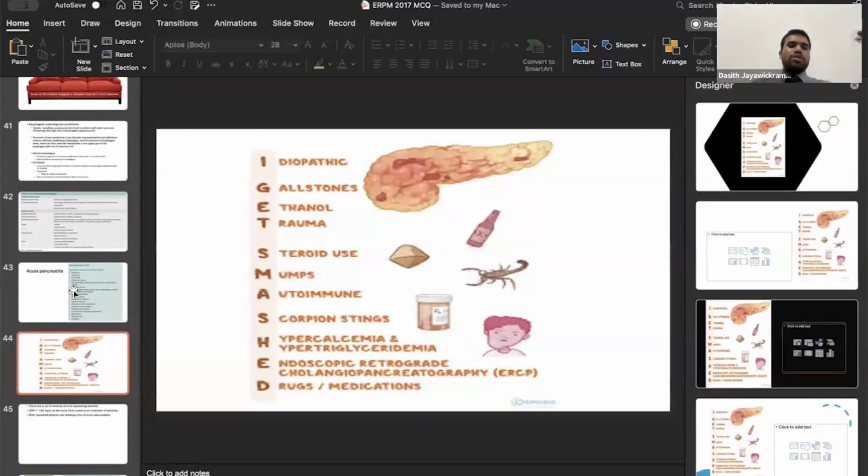Cirrhosis is a cause? No, cirrhosis is not a cause. Caused by gallstone? Yes, it's one of the commonest causes. CRP level is directly correlated to disease severity. So when it comes to pancreatitis severity assessment, there are lots of scores: Ranson score, APACHE score, CRP score.